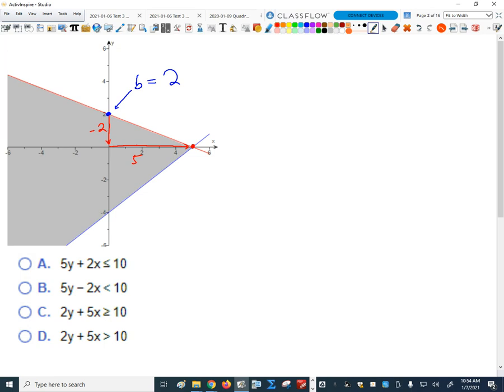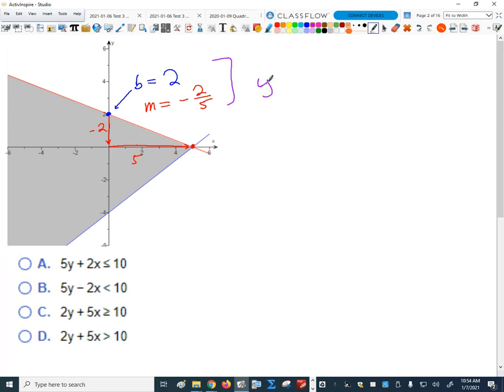If I make a slope triangle out of that, so my slope is -2/5.